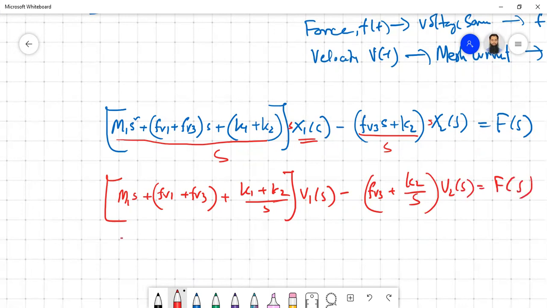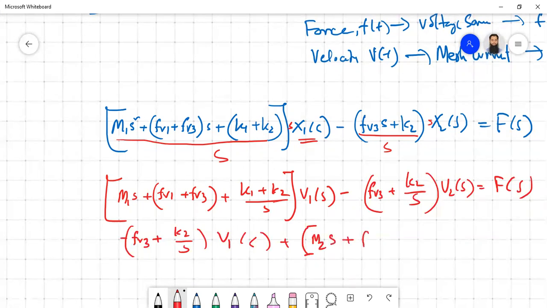So the common is actually minus FV3 plus K2 by S, V1S, plus M2S plus FV2 plus FV3 plus K2 plus K3 by S, V2S equal to 0.